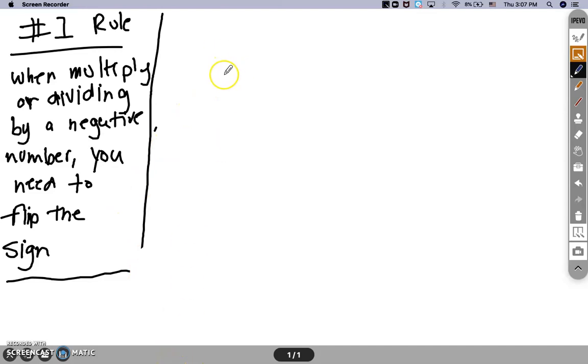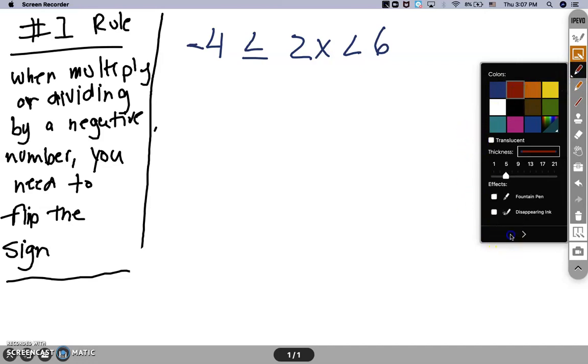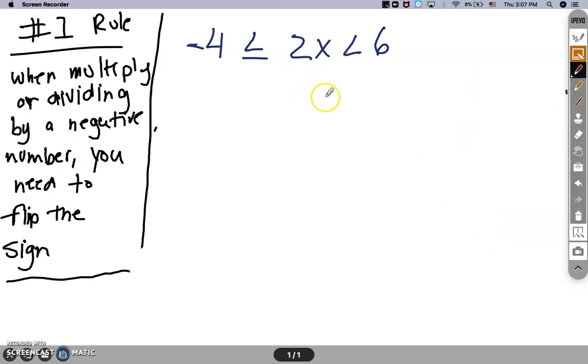I'm going to give you an example, and then I'm going to walk you through how to solve it. So for example, let's do -4 is less than or equal to 2x less than 6. Your goal is also to isolate the value x here.